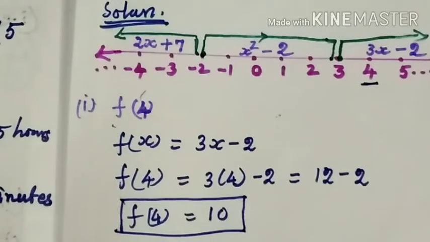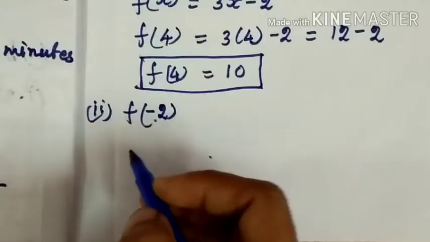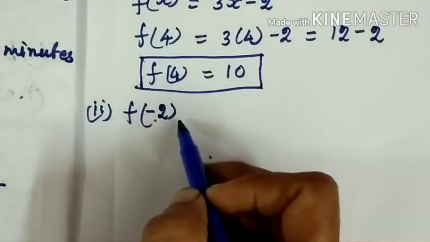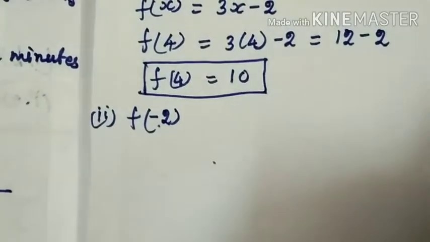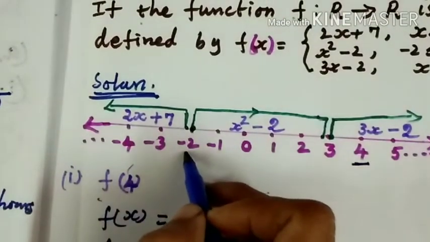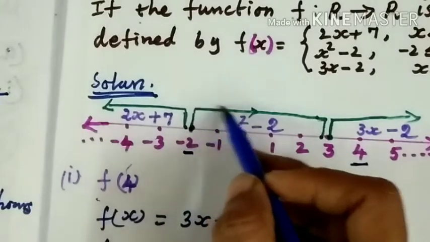Now we move on to the second subdivision, f of minus 2. This function is defined as, see, in the number line, where is minus 2? Here. So minus 2 is the starting point of this line.